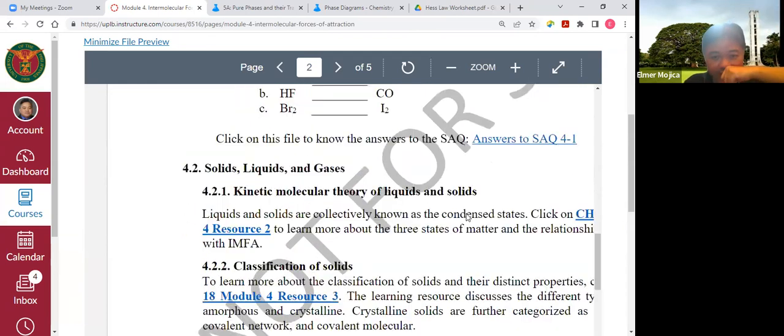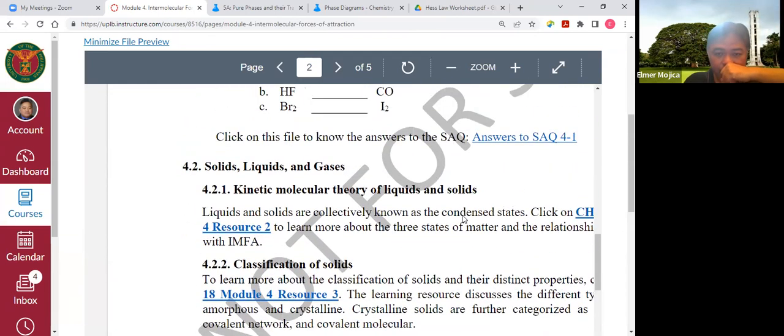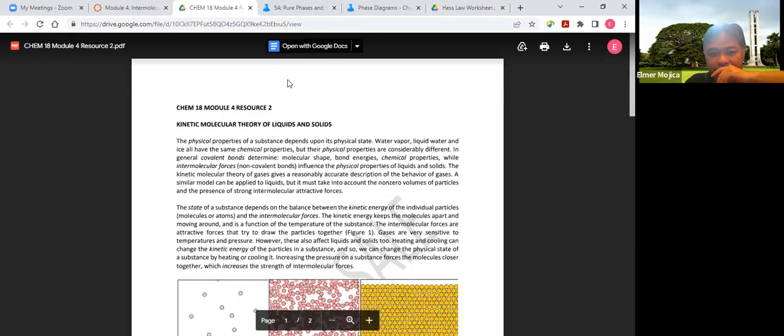Ang hindi natin klaro dito, yung kinetic molecular theory. This is the model that used to describe the behavior of the gas, but you can use it also to describe the behavior when they are in liquid and solid form.